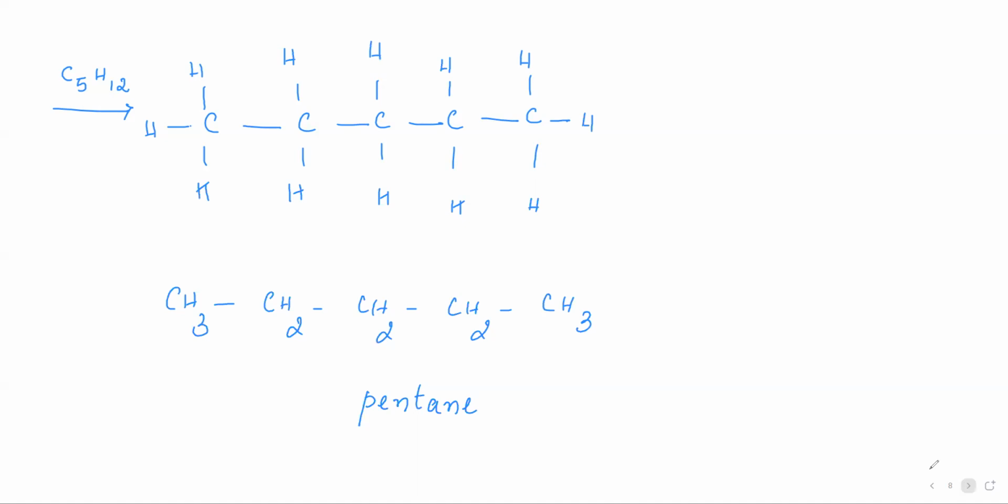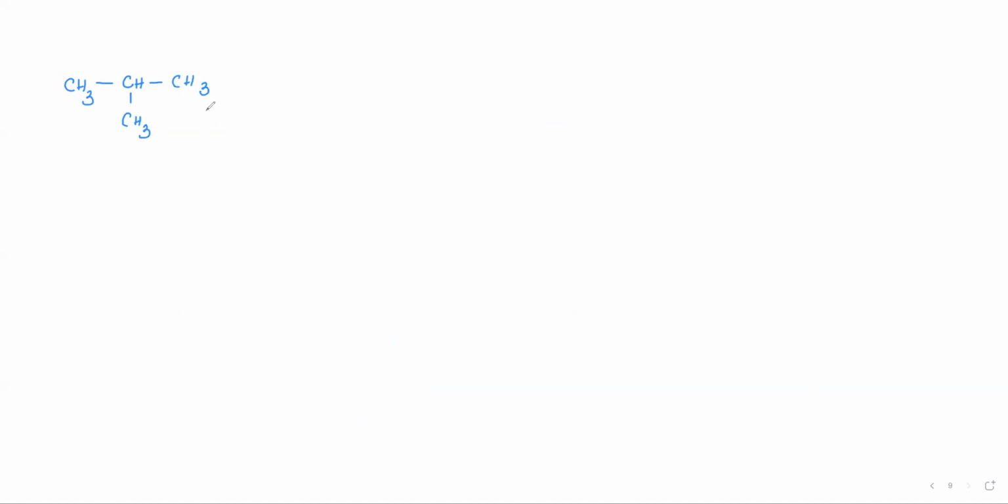Now, moving on with the branched hydrocarbons. All this while, all the examples that we have taken are straight chain compounds. Wherever I had a possibility of writing a branch, I told you, right? In the case of C4, when there were 4 carbons, I said, assuming the 4 carbons are in a straight chain.